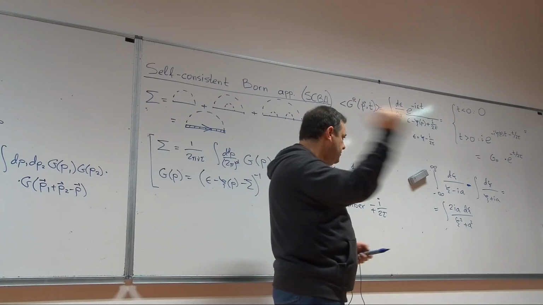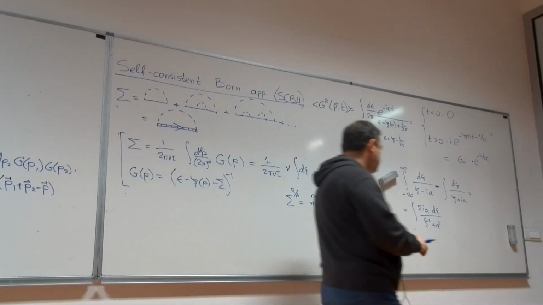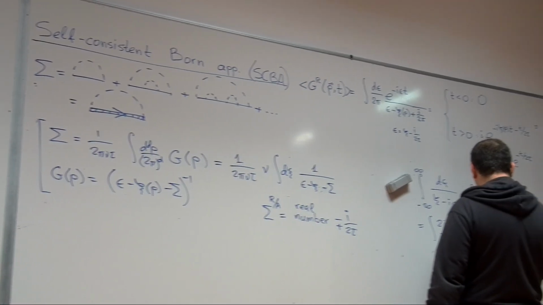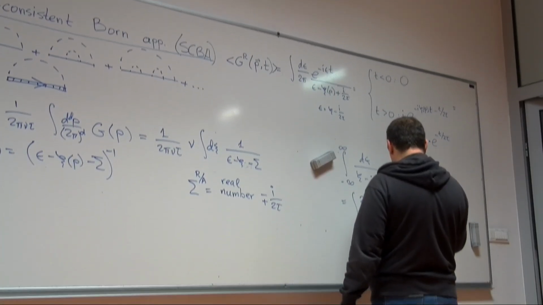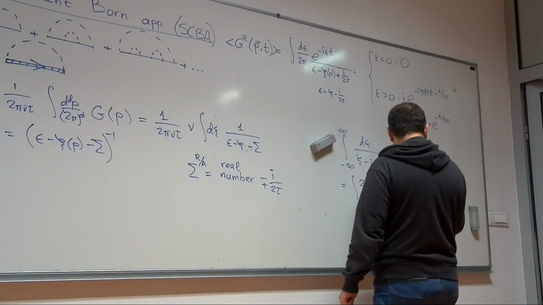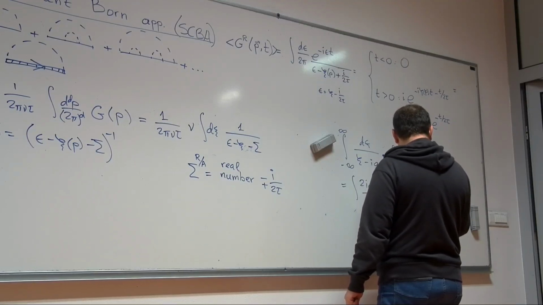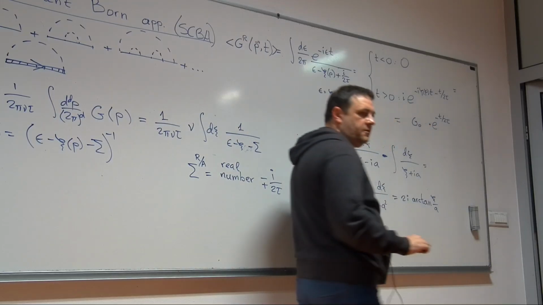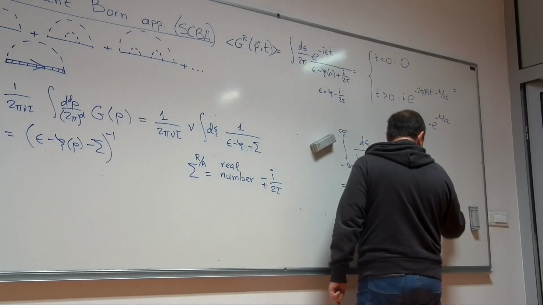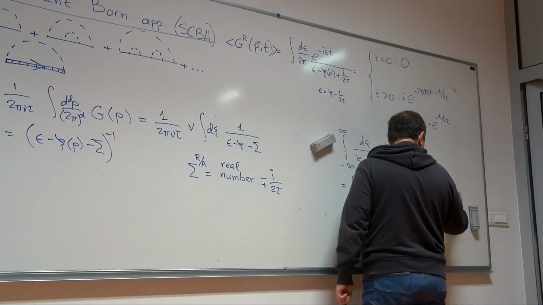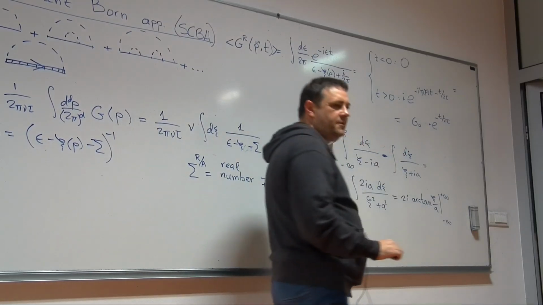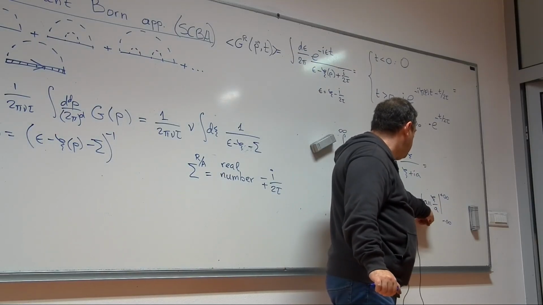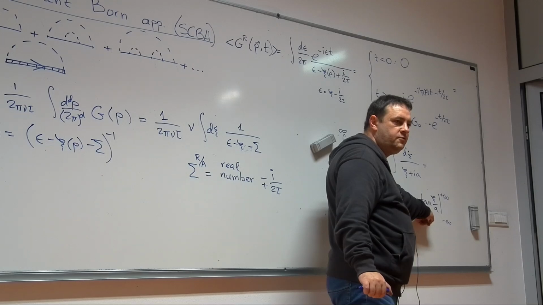Then you take your table of integrals or whatever. This is the arctangent. This is 2i arctangent of psi divided by a, which should be taken between minus infinity and plus infinity. At plus infinity, it's pi over 2.